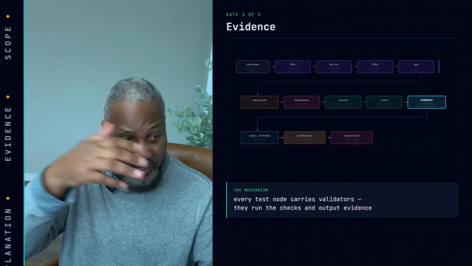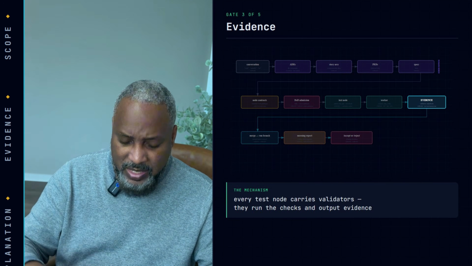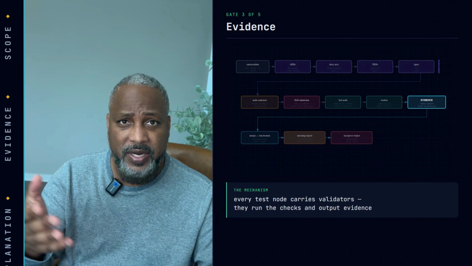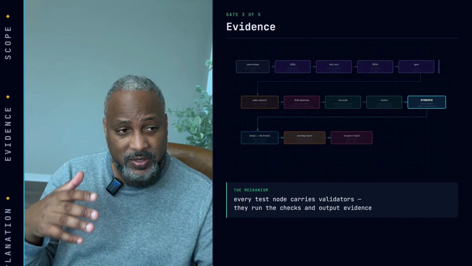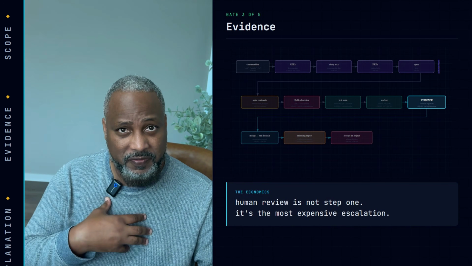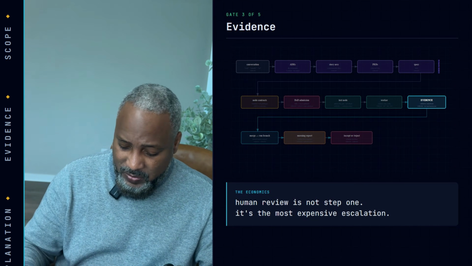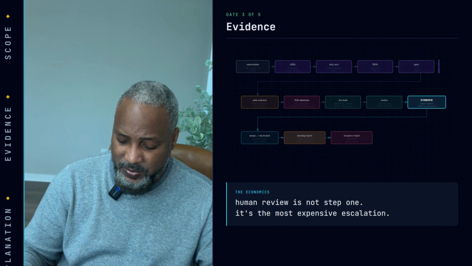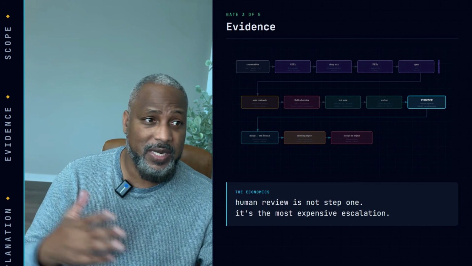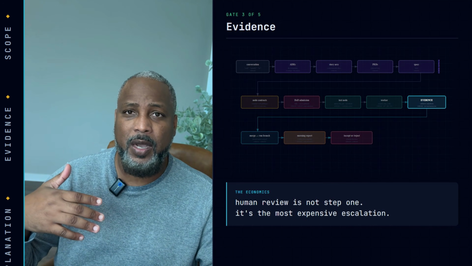Human review is not the first thing in my verification step. It is the last, because that's the most expensive thing for me. Every time I'm escalating, every time I'm reviewing stuff, it's the most expensive for me. So I want my AI to do as many checks and reviews as possible. So again, think about what that actually means for you, in your case.